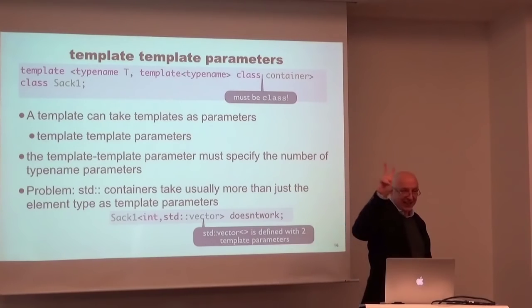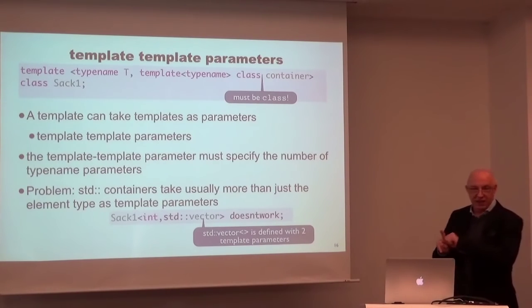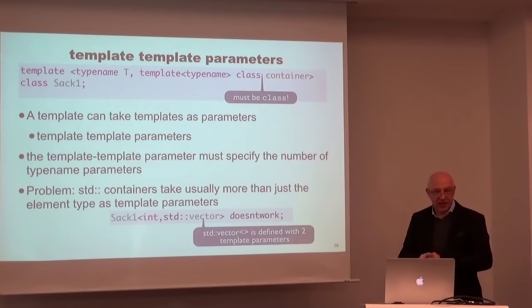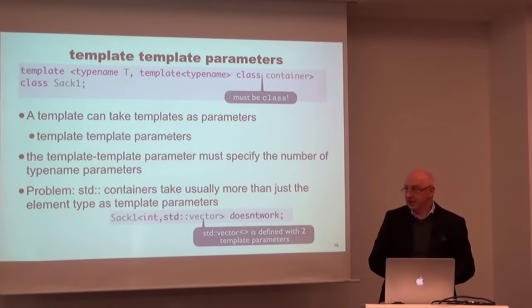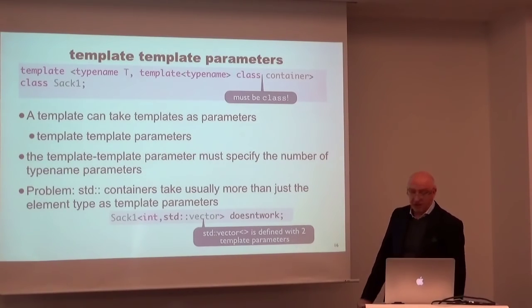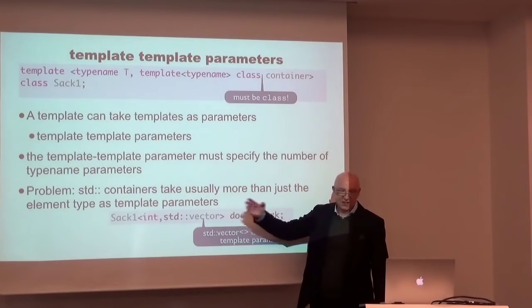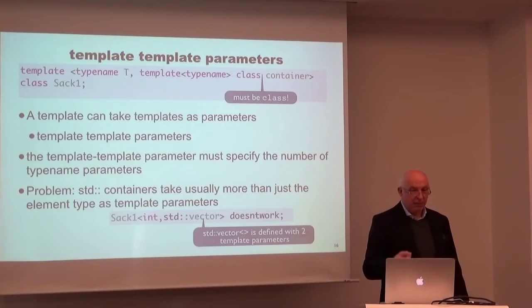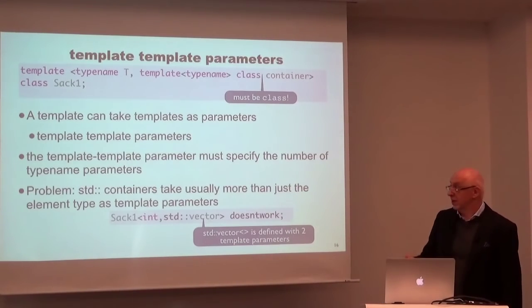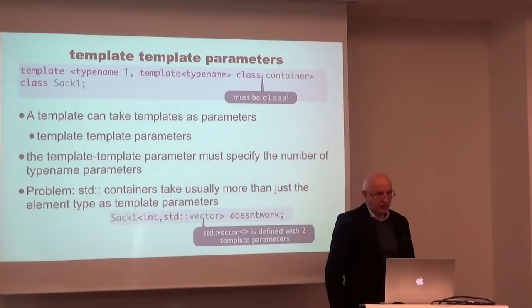Well, vector actually has two template parameters. One is the element type, and the other is the allocator type that you usually don't care about, except in the embedded world or in very specific resource environments. But still, vector requires two typename template parameters, and that wouldn't fit with this template parameter declaration.